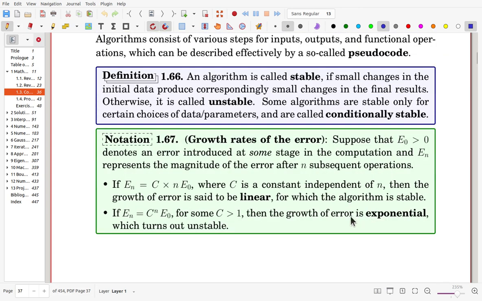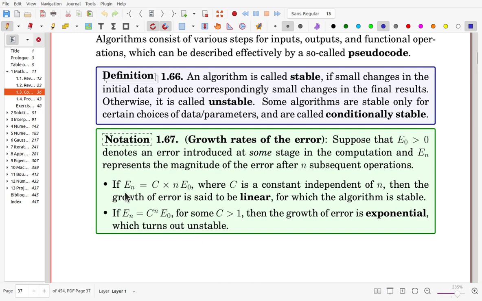If you try to get the solution iteratively, or if you compute step by step, then an initial error may propagate, and each time the error is accumulated, so that the error E_n after n steps can be increasing.